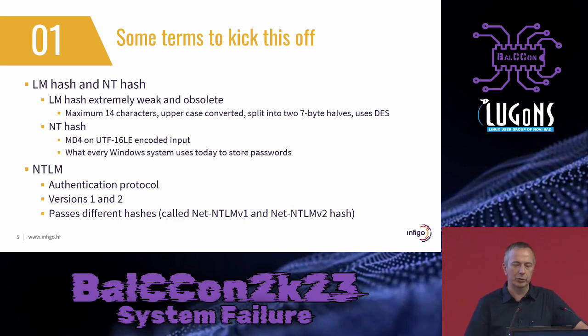So what Microsoft will do is that they will take your password, convert it into Unicode UTF-16 little endian, and then perform the MD4 hashing algorithm over your password, and they will store that. On your local Windows machine, it's stored in your SAM database. If you log in via Windows domain, it will be stored on your domain controller in another database called NTDS. That's everything that Microsoft does with passwords.